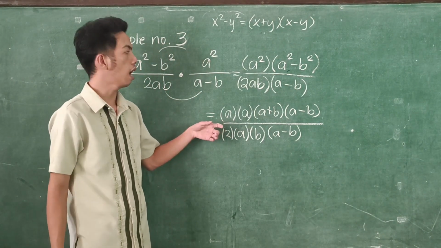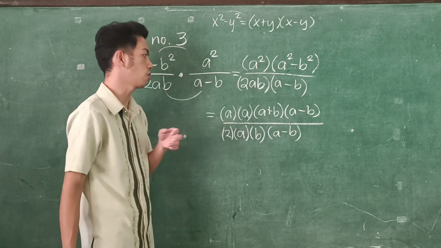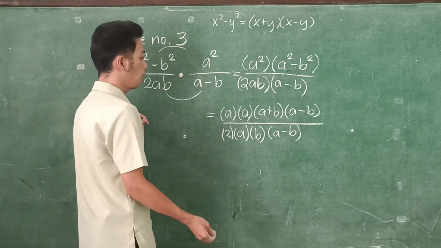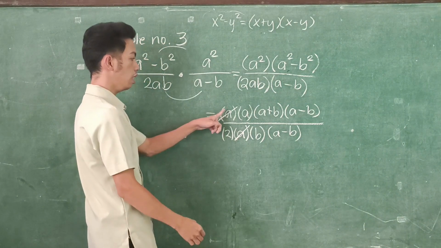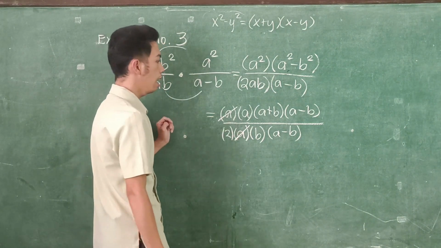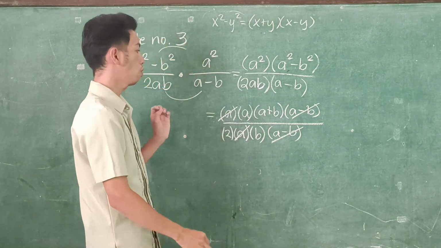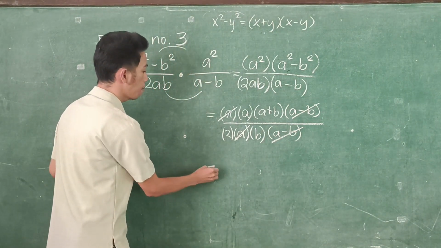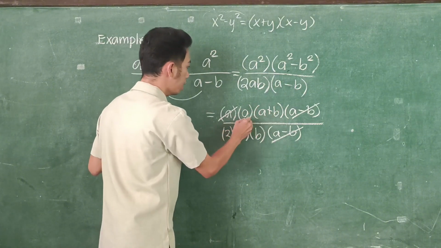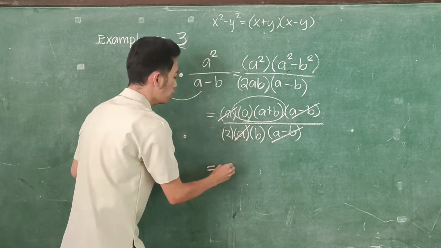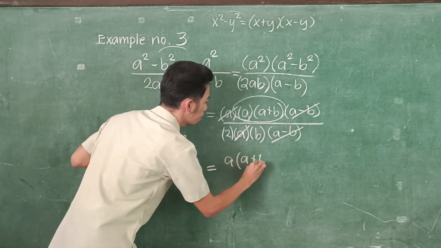After factoring, we are going to cancel all the common factors. So the common factors are a, tig-isang a ang na-cancel, at tig-isang a minus b. So, ibig sabihin, ang natitira na lamang natin sa numerator ay a multiplied by a plus b.